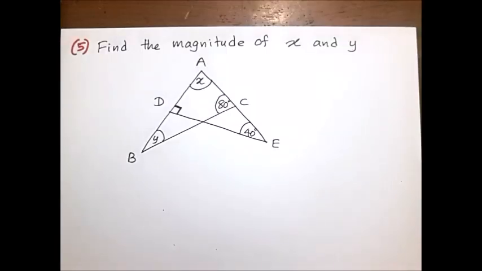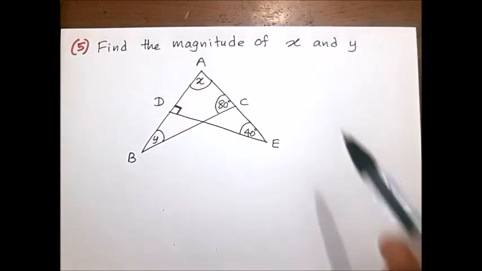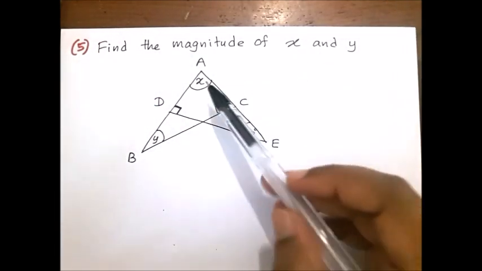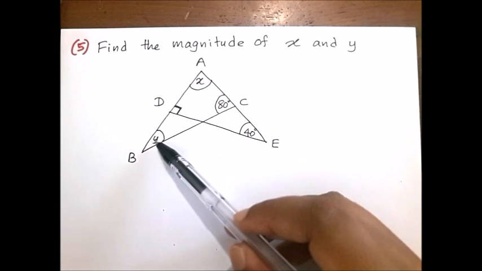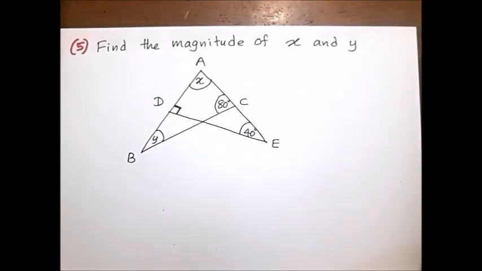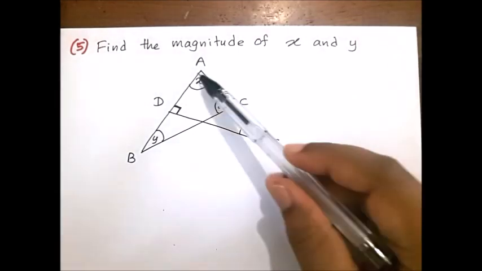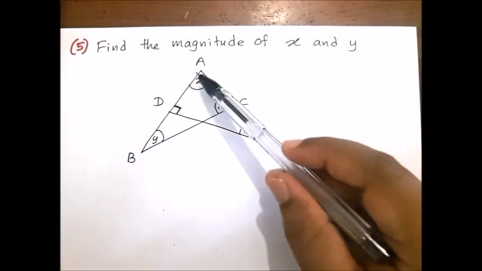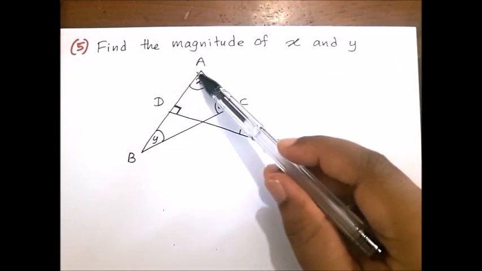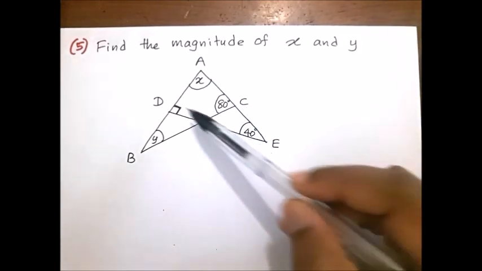Look at the fifth example. Find the magnitude of x and y. Here x and here y. Can you see two triangles in this diagram? One triangle is ABC. The other one is ADE.